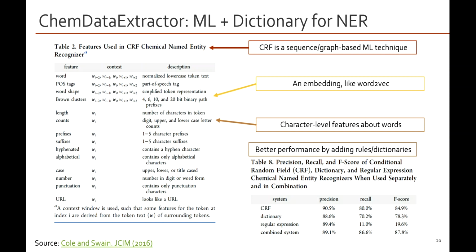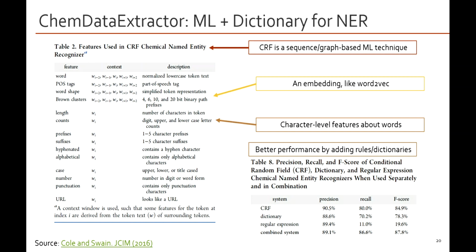The features that the CRF model took included things like Brown cluster indices, which are another type of word embedding that you can learn with unsupervised learning, like what we described with skipgram earlier. And also some character-level information, like noting that words with hyphens in them are often chemicals, or words that include numbers and letters in them.